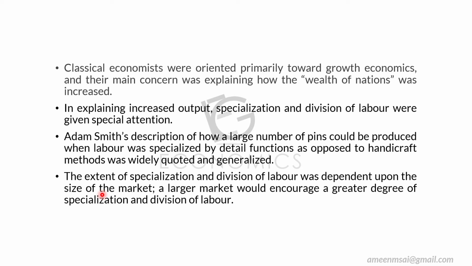For example, a family of 10 or 15 would be manufacturing many types of goods from their home itself, and they would take those items to the market. This is known as the handicraft method. Adam Smith opposed the handicraft method and substituted it with specialization.